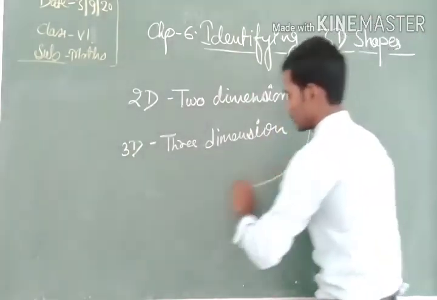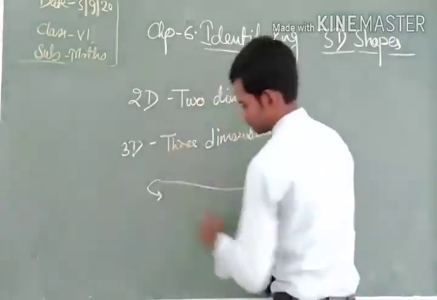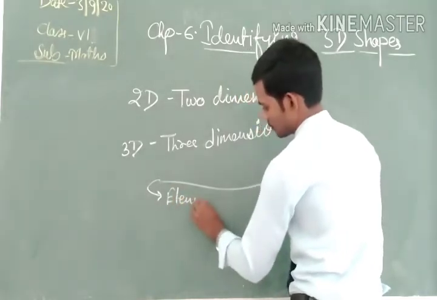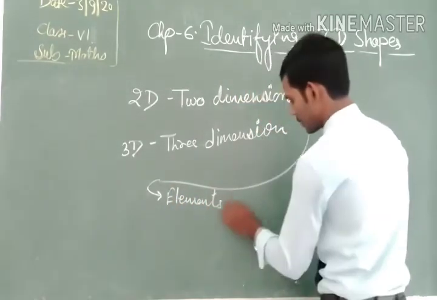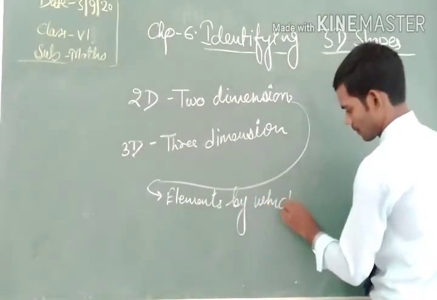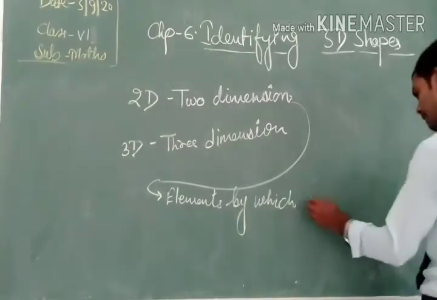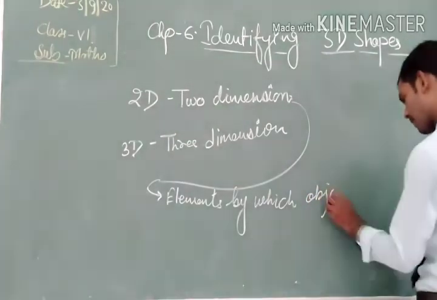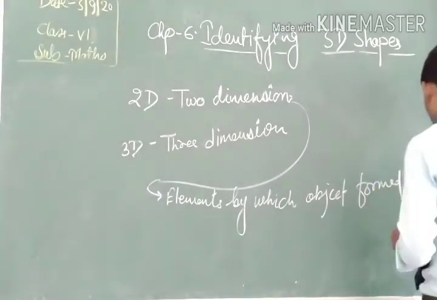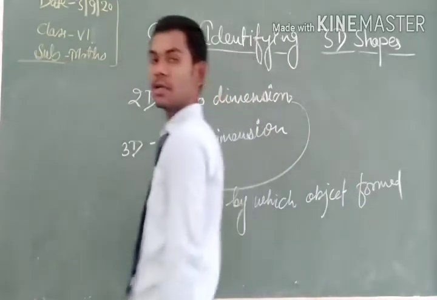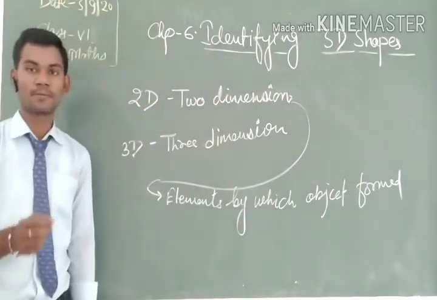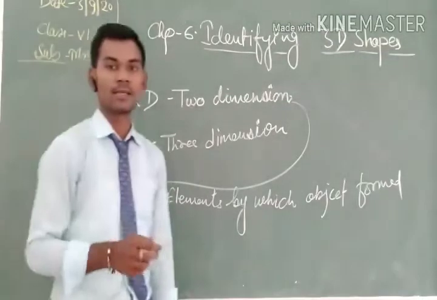The meaning of dimension is the element by which an object is formed.